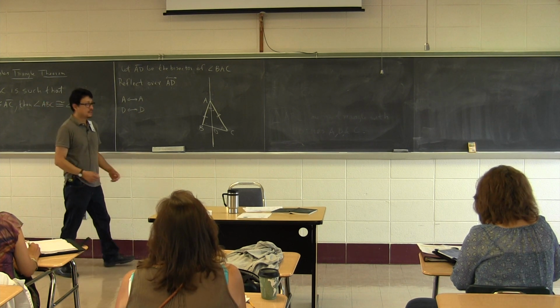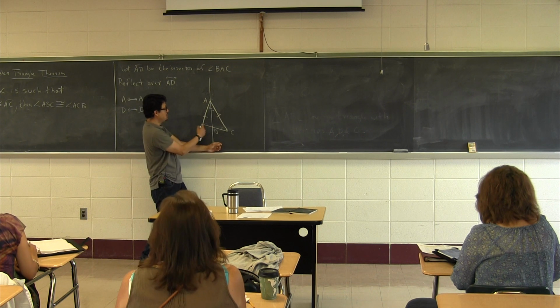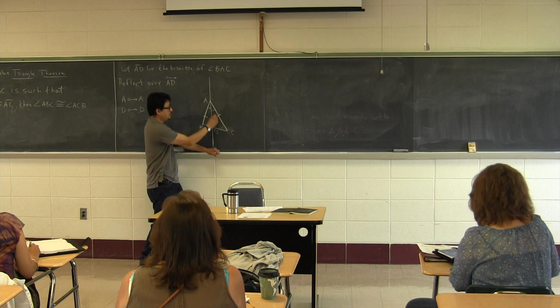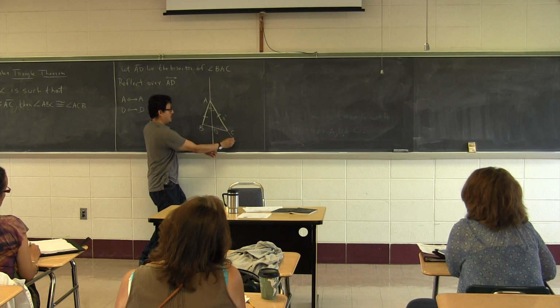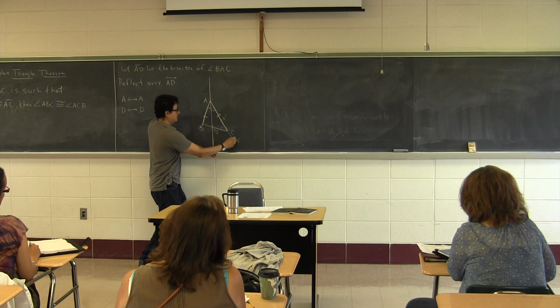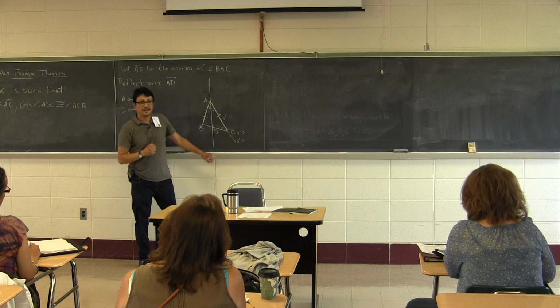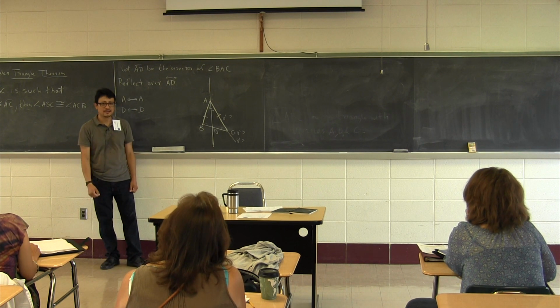Okay, so as you said, this line, when reflected, must lie on this line, right? Perhaps it goes here, or here, or here, right? We don't know yet. Well, we know, but not yet, right?